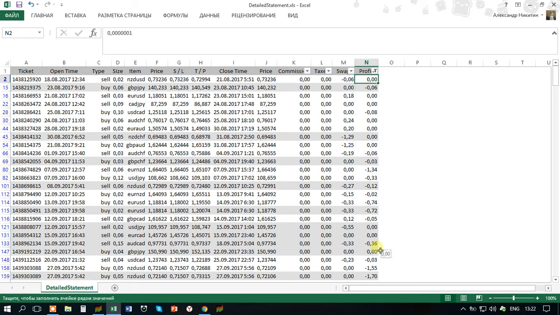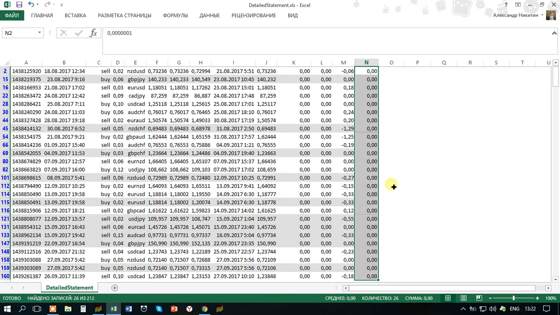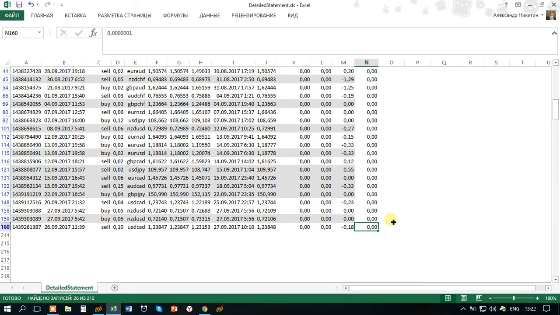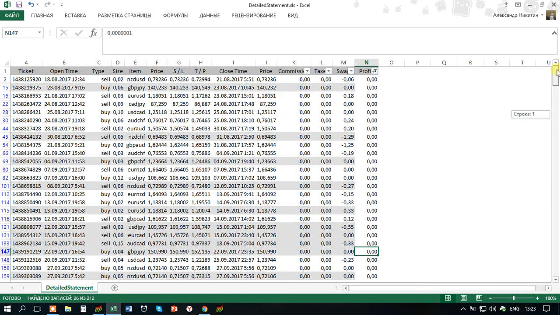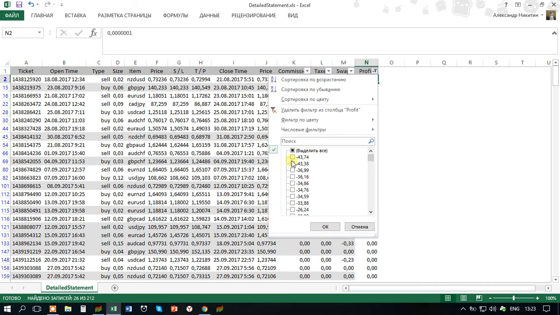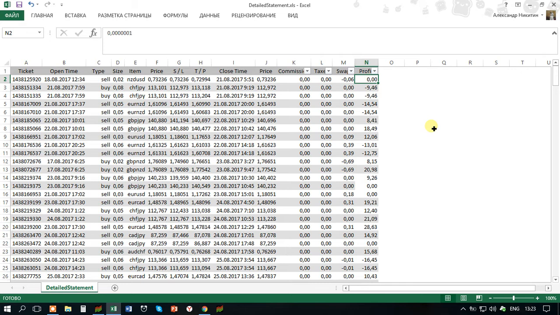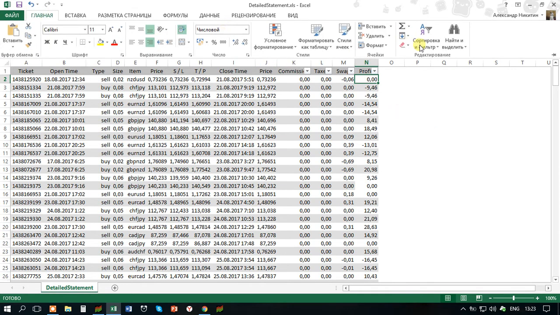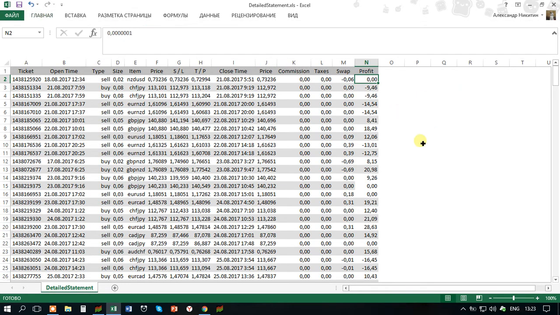And if I stretch that till the end, it will automatically substitute all the numbers, and we will have 0.0001 in every situation. It will slightly improve my performance, but not by much. The total number is very, very small to have some radical changes. Okay, no need for the filter anymore. And now let's calculate the performance.